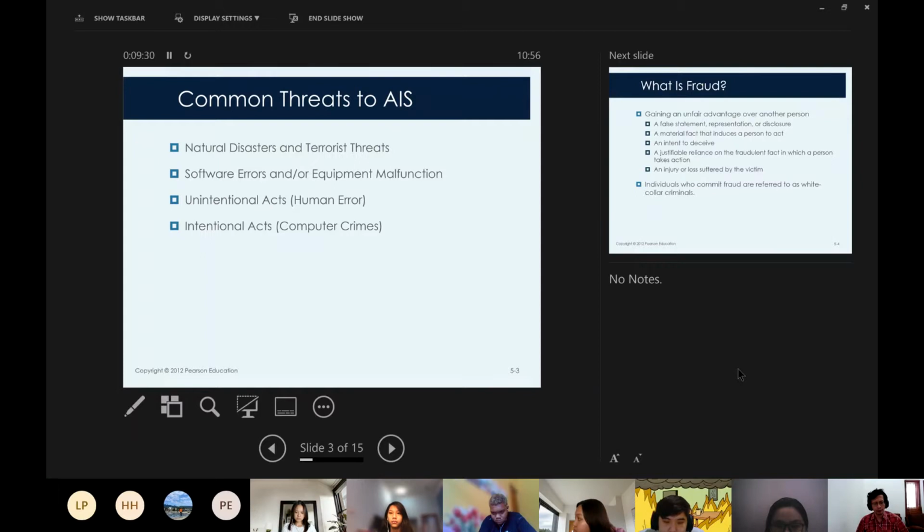A few years before that, the World Trade Center actually had a car bomb exploded within their underground parking. A truck full of bombs got inside the underground parking area, and then it exploded.